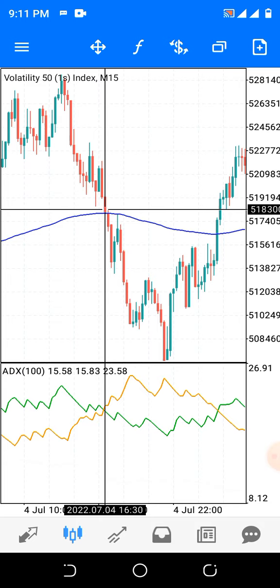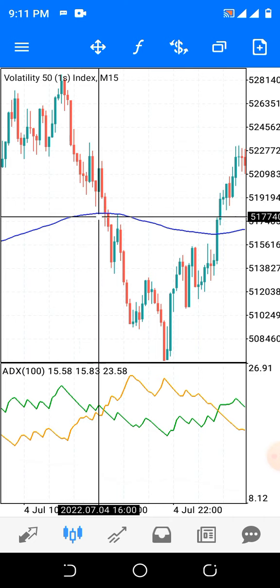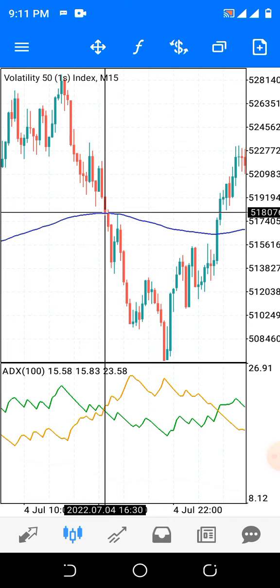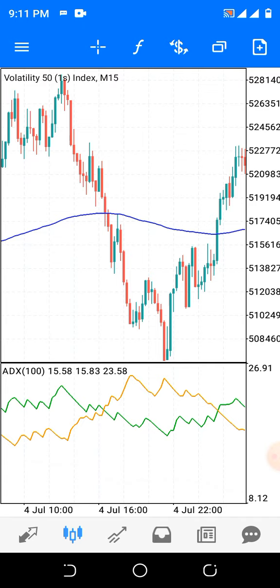So you don't take the trade. It obeyed the first condition, but in the second condition the candlestick did not obey, so we can leave the trade.